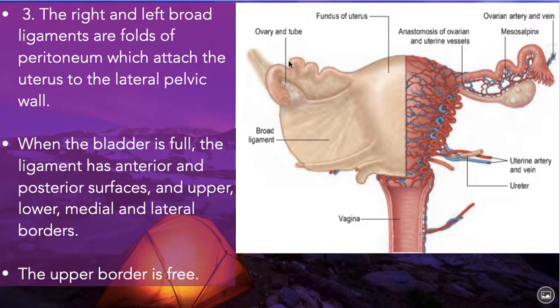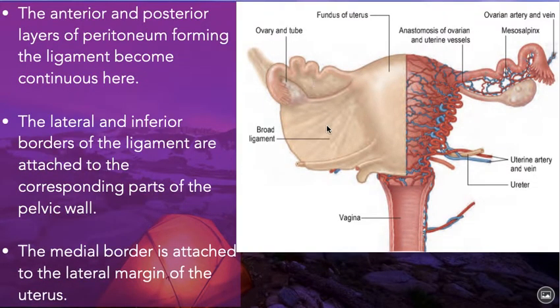The upper border is free. The anterior and posterior layers of the peritoneum form the ligament. The lateral and the inferior border of the ligament are attached to the corresponding part of the pelvic wall. The medial border is attached to the lateral margin of the uterus.